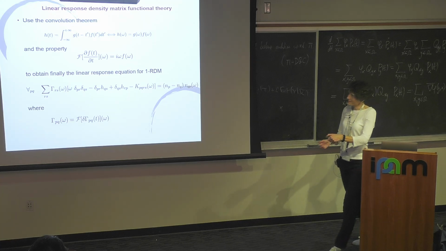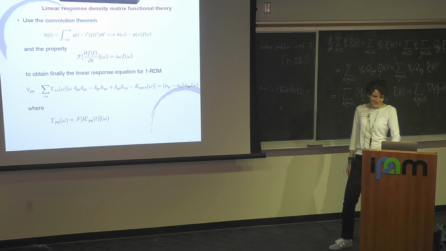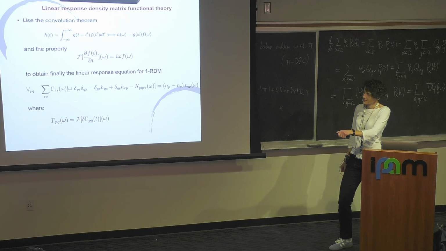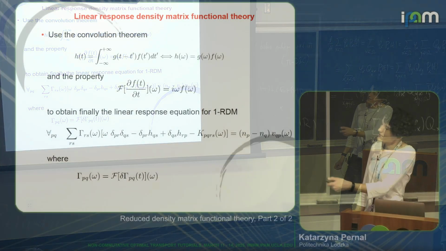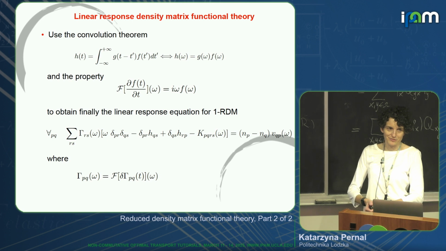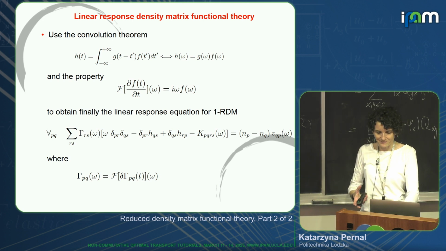But the difficulty here is this coupling, as I called this object, a coupling matrix. If we had it, then we would simply find the linear response function. Actually, it's here. And then we would find the poles of this function, and here we are. We would have the full spectrum, right? All excitation energies.